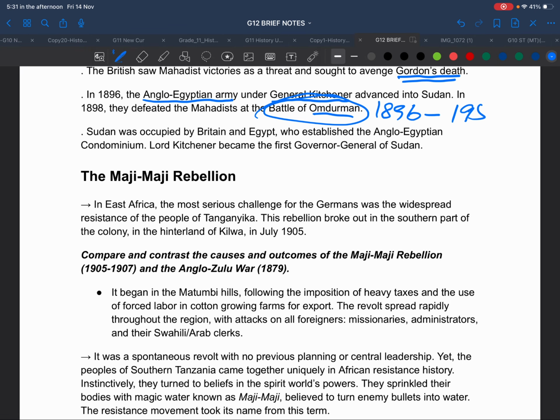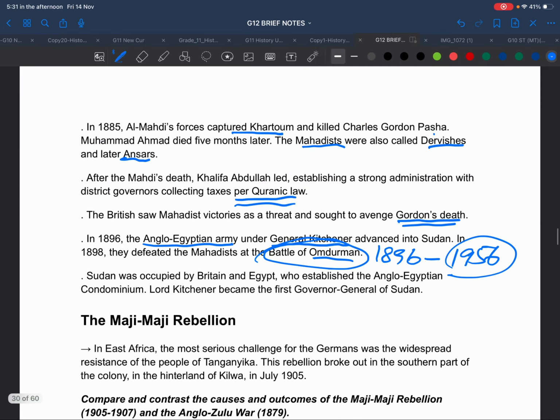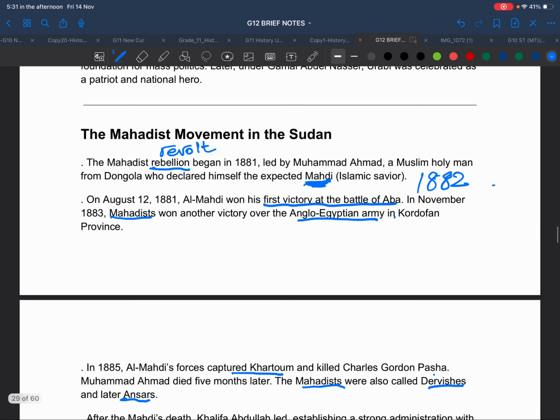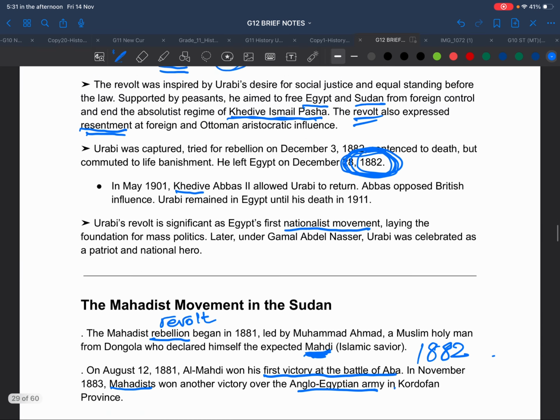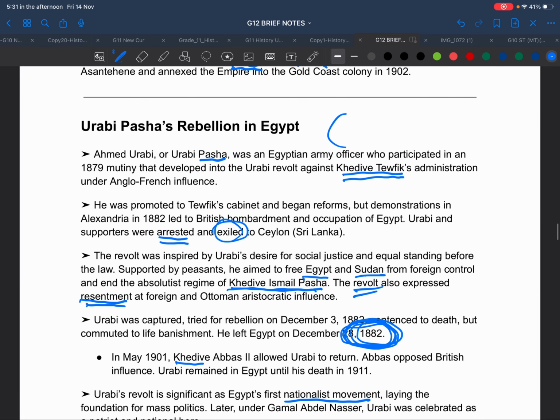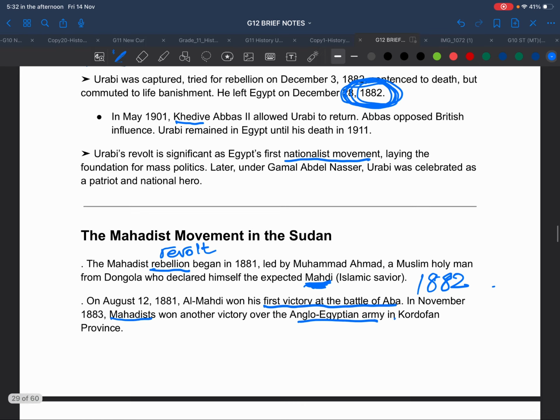She got independence in 1956. The same too for Egypt. Egypt was a British colony from 1882 to 1956. Both achieved their independence at the same time, in 1956.